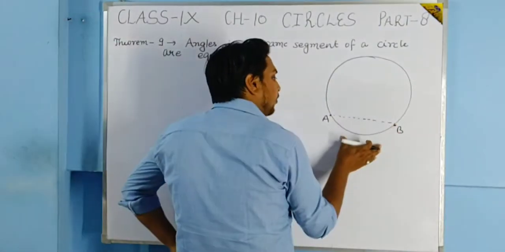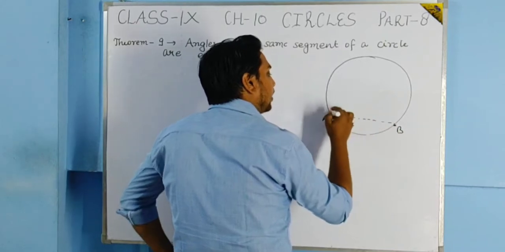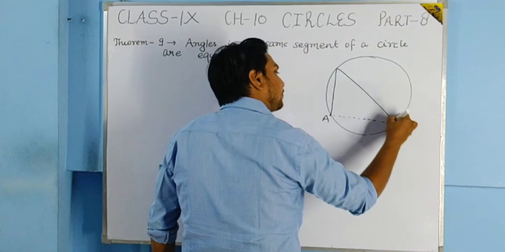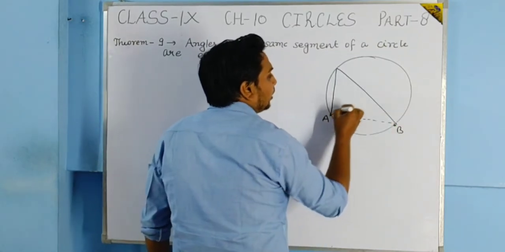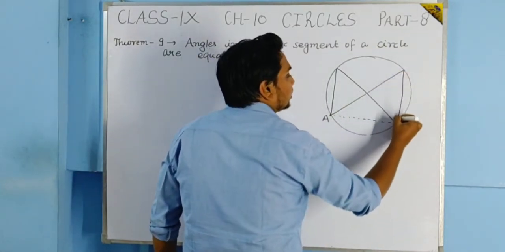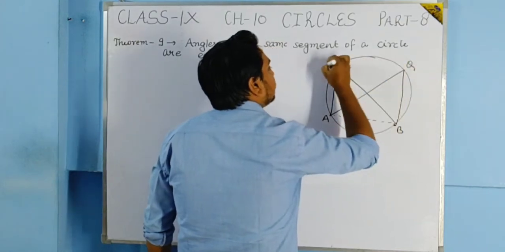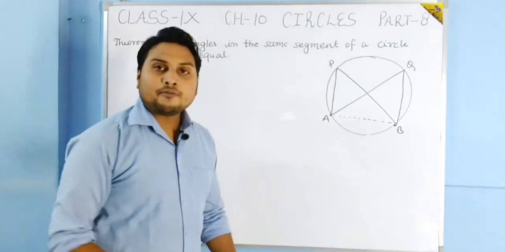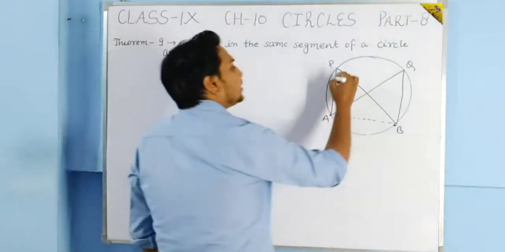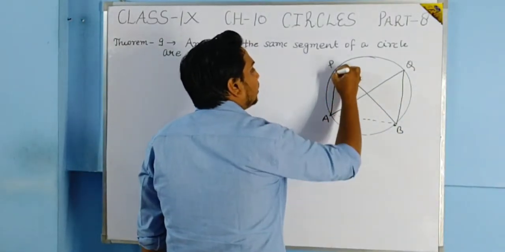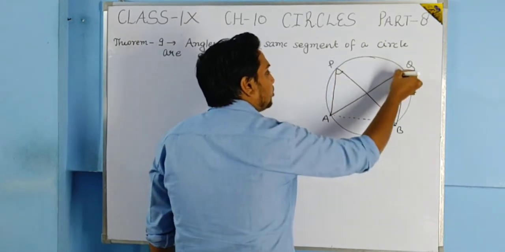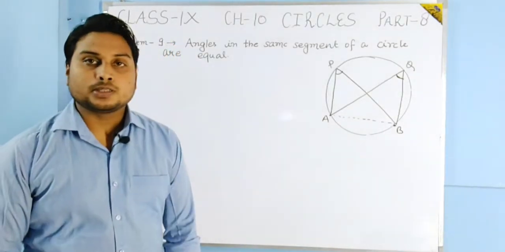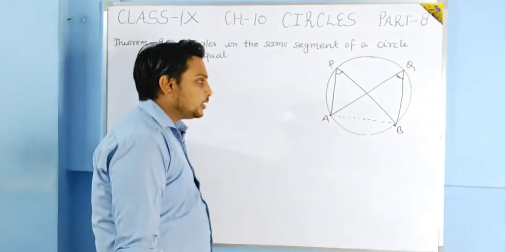So if the angle is formed by this arc in the same segment, suppose this angle is here, and one angle is formed at this point. Suppose this is point Q, this is point P. So we have to show that these angles are equal, means angle APB is equal to angle AQB. So how will we show it, students?